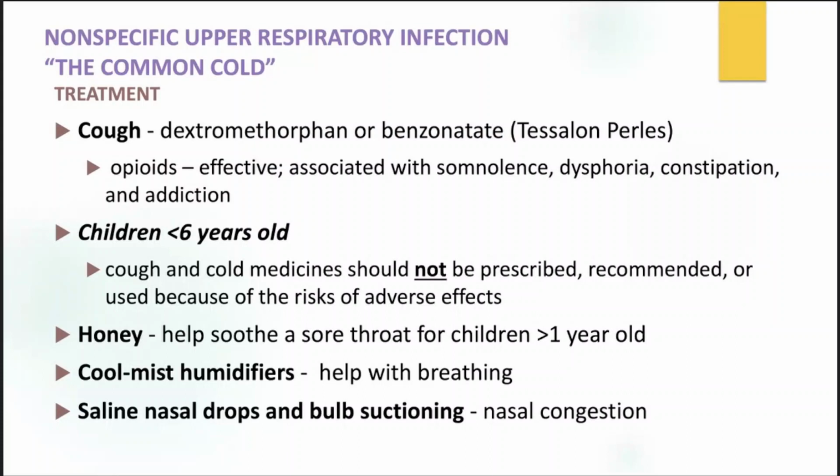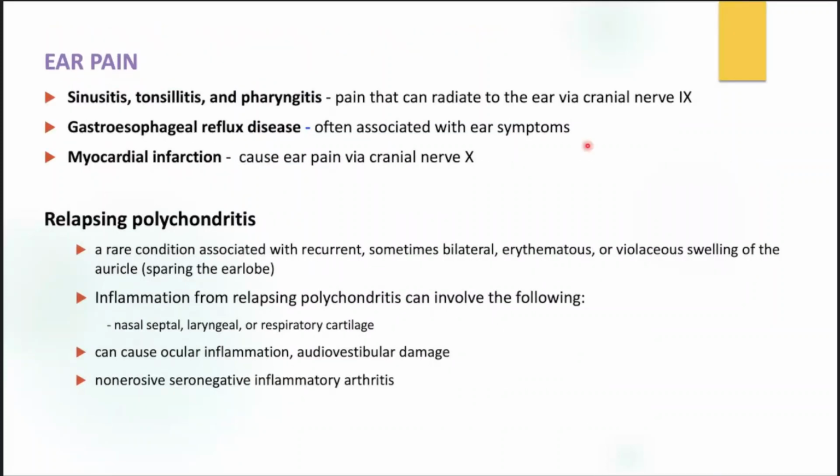Salivary gland pathology and cervical adenosis all cause pain that radiates to the ear. Sinusitis, tonsillitis, and pharyngitis cause pain that radiates to the ear via cranial nerve 9. GERD is also associated with ear symptoms, and even myocardial infarction or acute coronary syndromes can cause ear pain via cranial nerve 10.